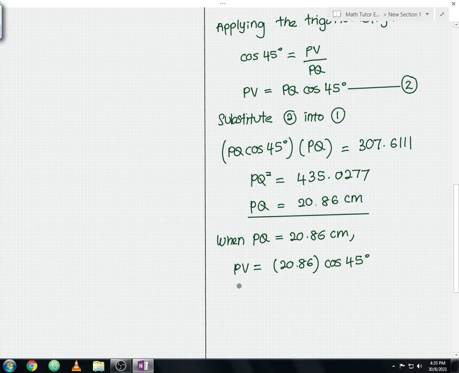So from here you should get your length PV is equal to 14.75 centimeter. So this is your answer for the question part B, guys. Let me underline the solution for the question part B.